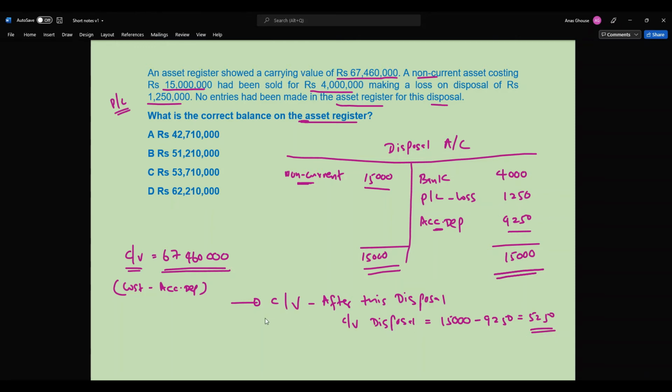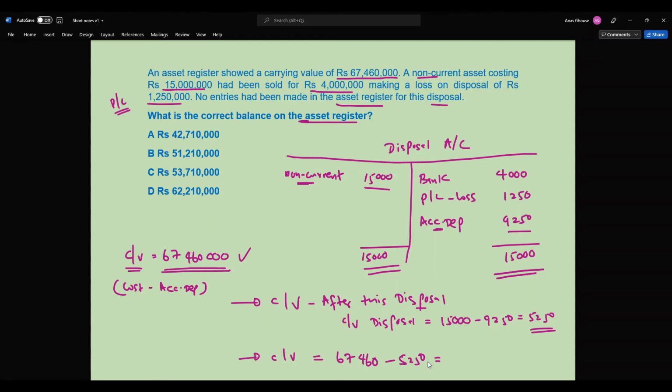So what is the carrying value after the disposal? The opening balance was 67,460,000. Now you need to deduct the carrying value of the disposal, which is 5,250.